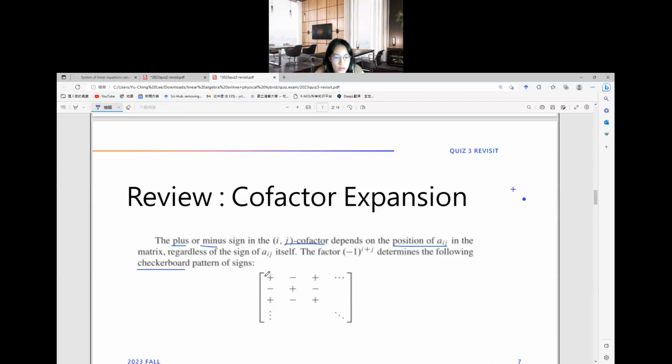So I have demonstrated that the signs of cofactor expansion should follow a plus minus plus pattern. And then if I go along the row, then the pattern will be plus minus plus as well. And yeah, so that's the common mistake made in this specific quiz.